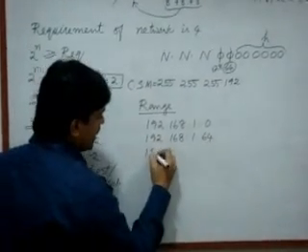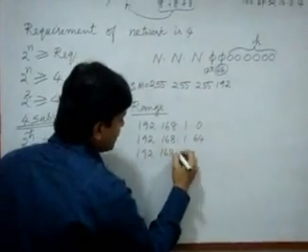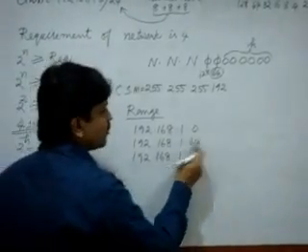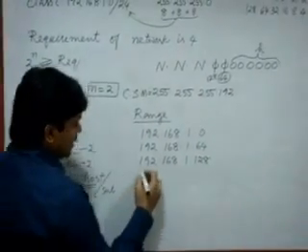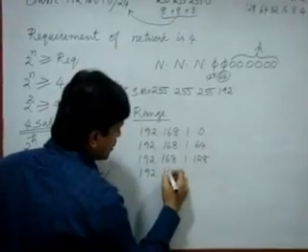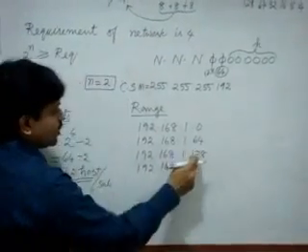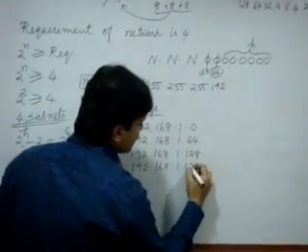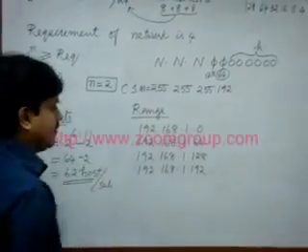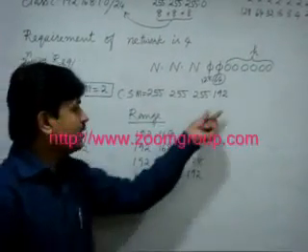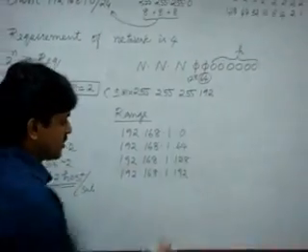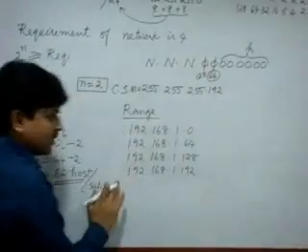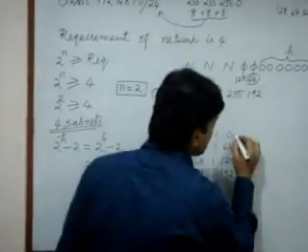Next, 192.168.1, and we add 64 to this 64: 64 plus 64 is 128. Next range, 192.168.1.128 plus 64 is 192. We write down the ranges till the customized subnet mask number of the last octet, 192. These are 4 subnets. Now we complete the subnet ranges.